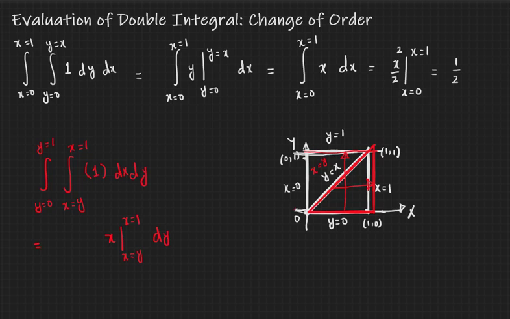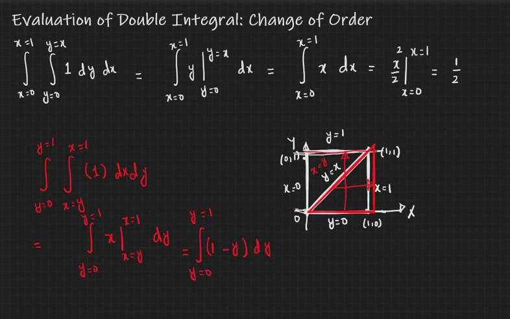Integration with respect to y remains the same, y equals to 0 to y equals to 1. Then applying the limits of integration, that would be 1 minus y, then limits of integration with respect to y, y equals to 0 to y equals to 1.